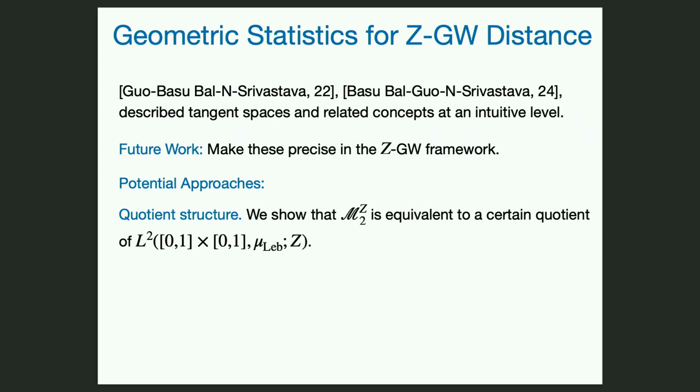If I take the space of maps from the square to my space Z, with Lebesgue measure, then there's an action by measure preserving maps on this space, and if I quotient by that action, then I recover the Z-Gromov-Wasserstein space.